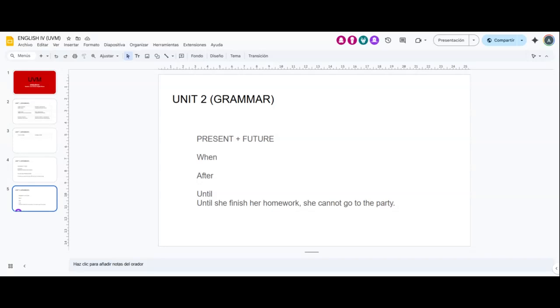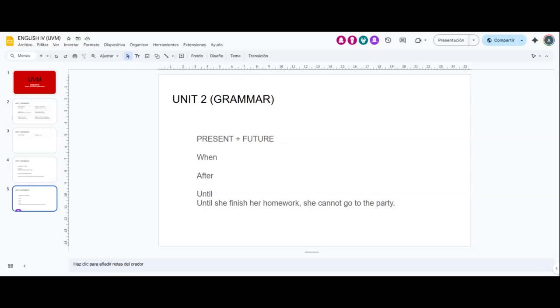And the when, after, or until clause is going to be in simple present. Okay, so we have here two examples: until she finishes her homework, she cannot go to the party, or I'll take you to the park after you finish your homework. We are still missing the when sentence.